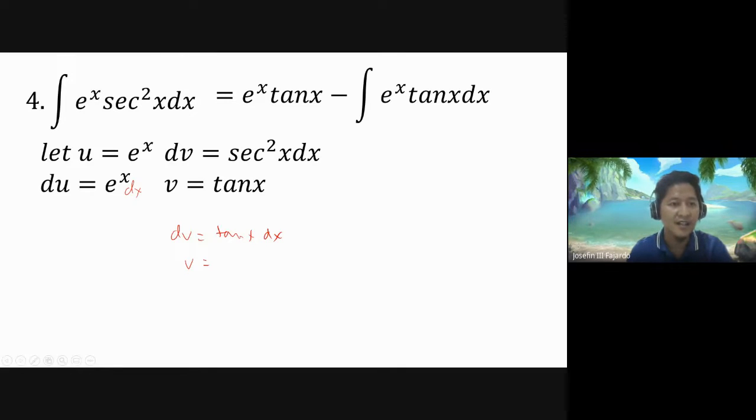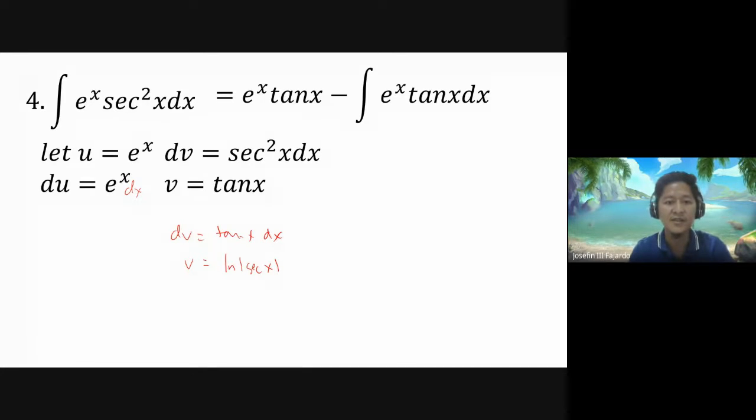Meron tayong integral of tangent x, di ba? Where is that? ln absolute value of secant x plus c. Okay?